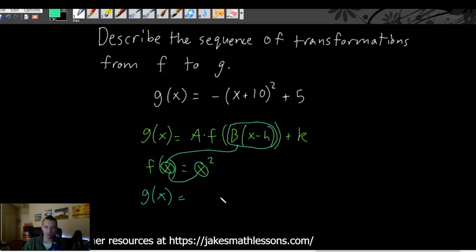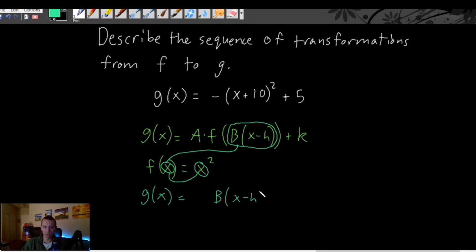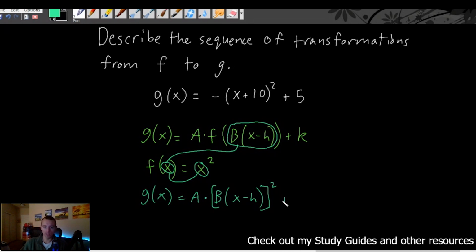So we're going to have basically just whatever is inside here, b times x minus h, all raised up to the second power. And that is just f of b times x minus h. Then you still have a times that, and then you have a plus k at the end.